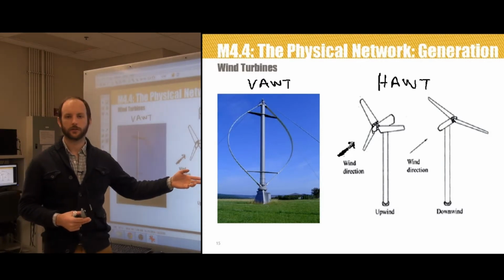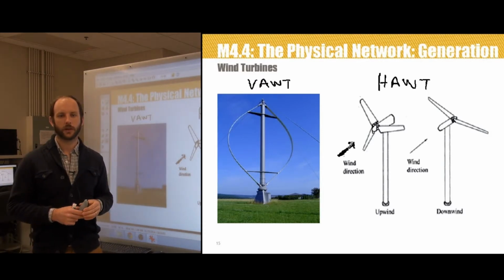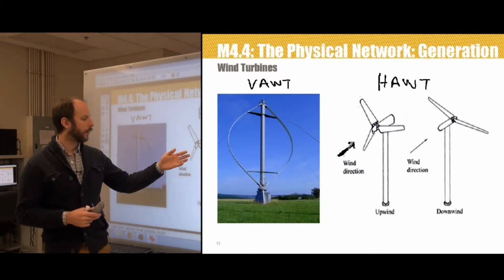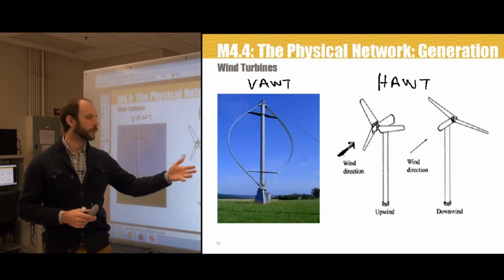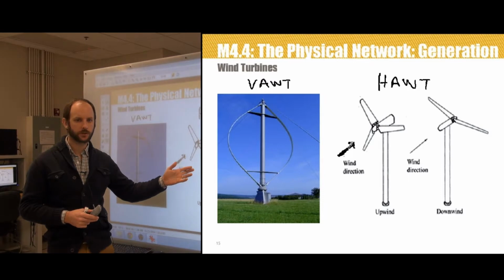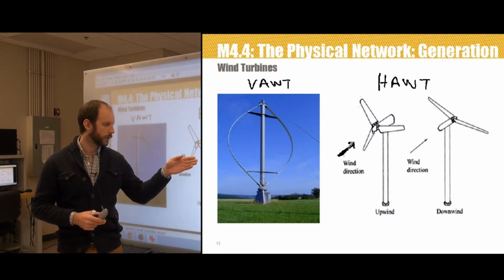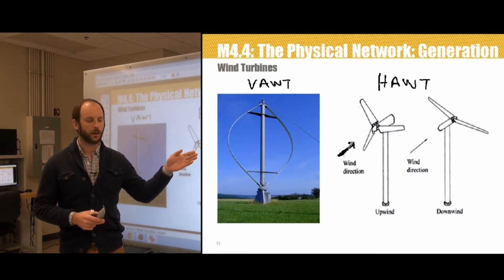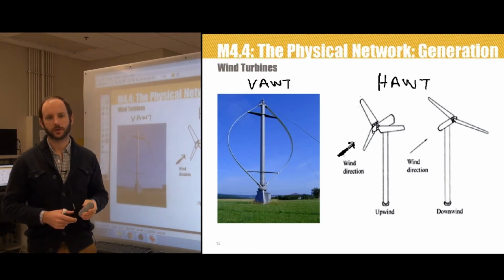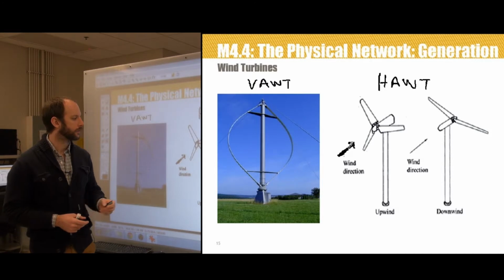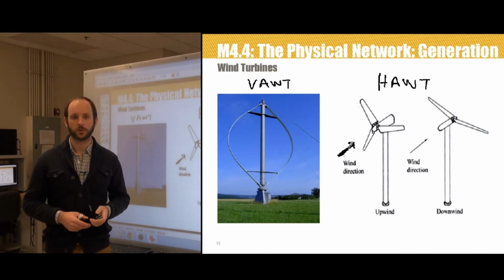So wind shading is the effect of the tower blocking some of the wind. Upwind designs reduce this effect. There is still some effect because this pole blocks the speed at which winds in this plane can propagate, so there is some sort of reduction effect. So it's not completely eliminated, but it is reduced.